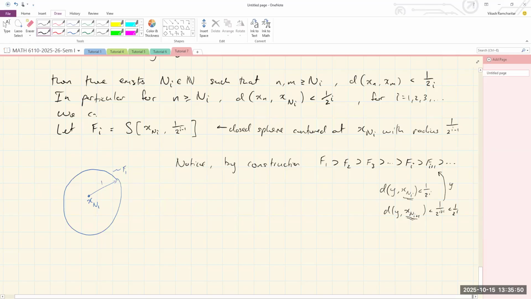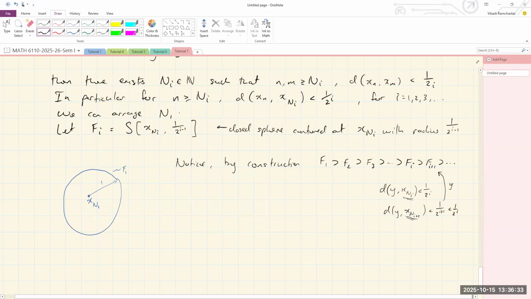So maybe we can arrange n1 and so on, because if you take xn, if the distance between xn and one is less than a half, then if you make this smaller, instead of a half, it's a quarter, then you need to go further out in the sequence.